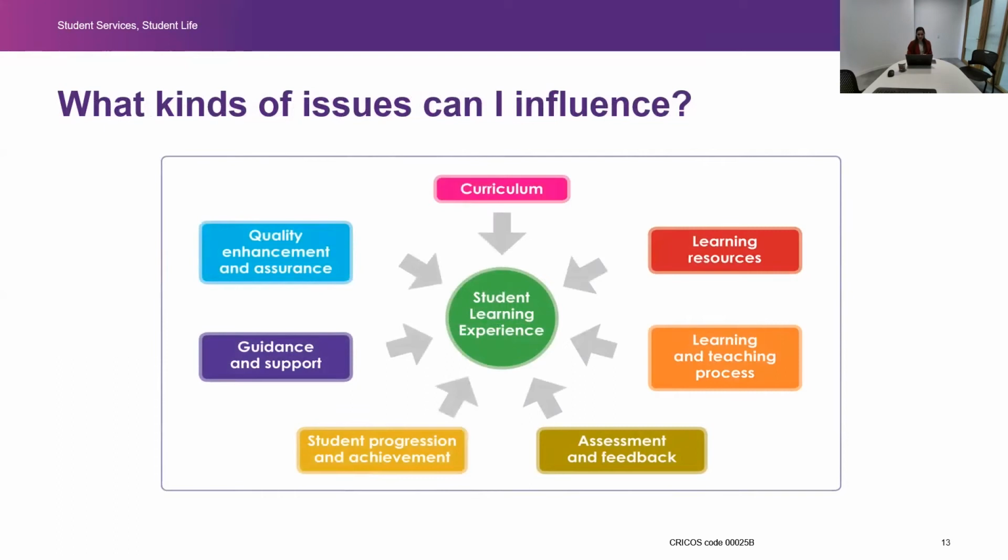Okie dokes. What kind of issues can I influence? This is focused on committees and the academic side of things. So you can see curriculum, learning resources, learning and teaching processes, assessment and feedback, student progression and achievement, guidance and support, quality enhancement and assurance. And that's all pretty focused on that student learning experience.